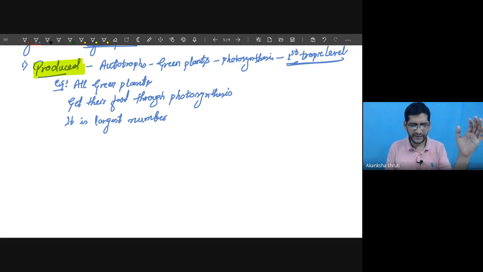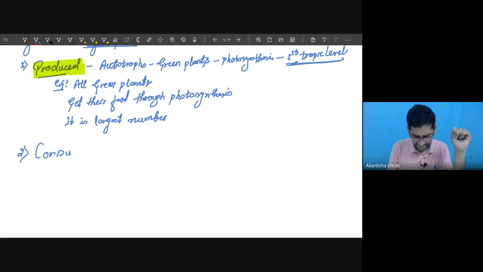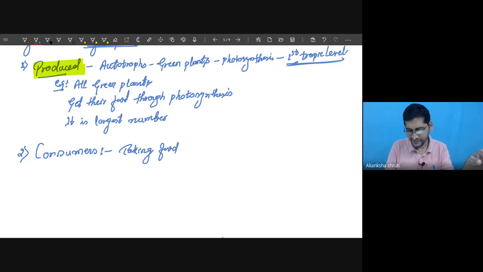But this consumer can again be classified into three categories. Consumers are those taking the food produced by others.